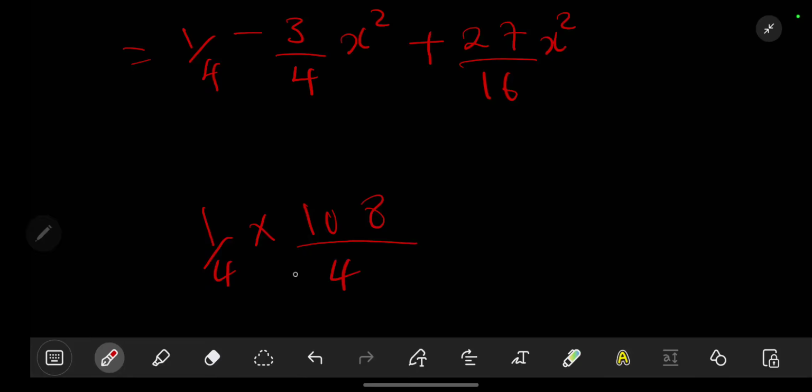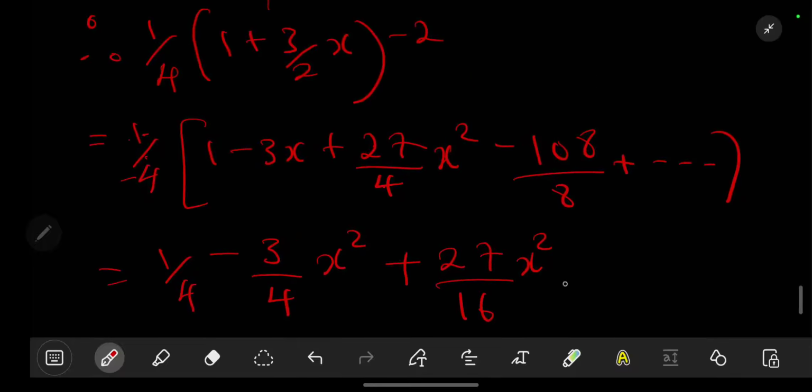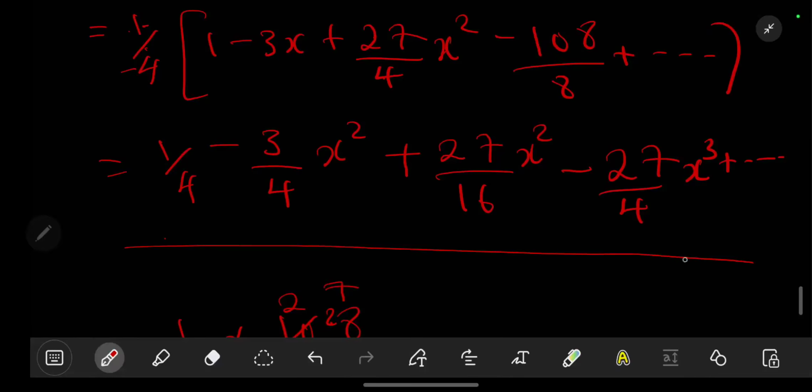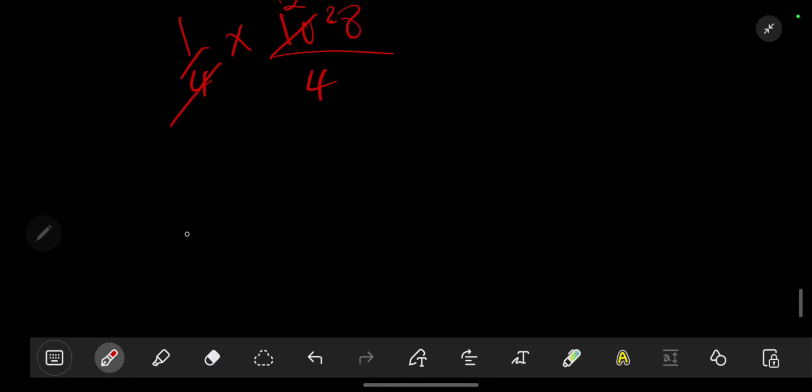We can divide 4 in here. 4 divided by 10 is 2, remainder 2. 28 divided by 4, that is a 7. So we have 27 over 4. So we can say minus, since there is a minus, 27 over 4. Then we are going to have our x to the power 3 plus dots. So this is the value for that one. So let's see the validity.